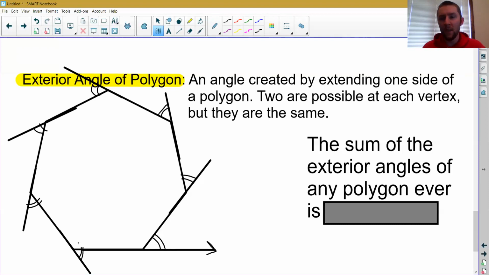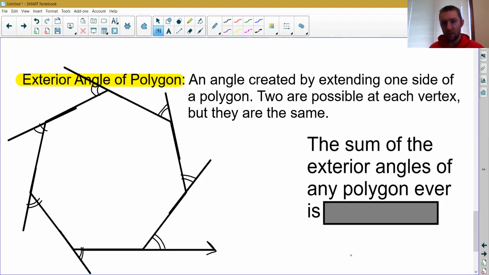And there's something really interesting about exterior angles of a shape. How big or small an exterior angle is depends on how big or small the interior angles are, particularly of a regular polygon. We can find the measure of exterior angles in a regular polygon, similar to what we just talked about, and it depends on how big or small the interior angles are.